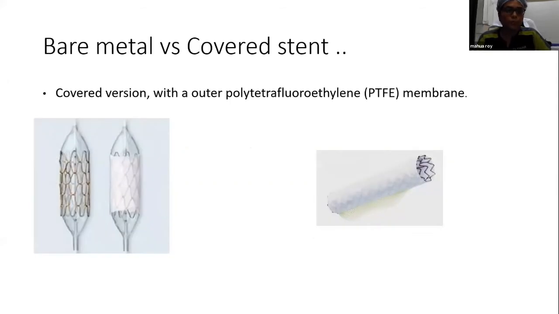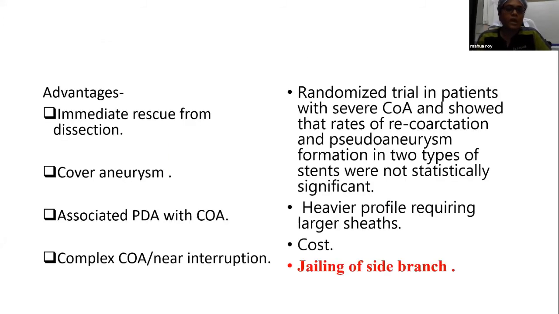What does it mean by bare metal stent and covered stent? Mostly a covered stent has a thin cover made up of polytetrafluoroethylene or something else. In case of the CP stent, this is the covering. There are various advantages of a covered stent.